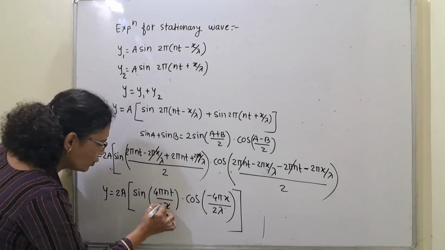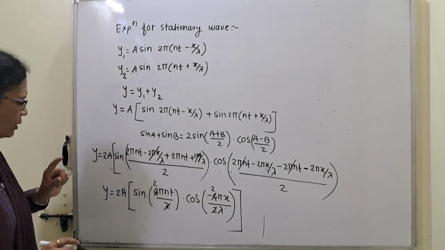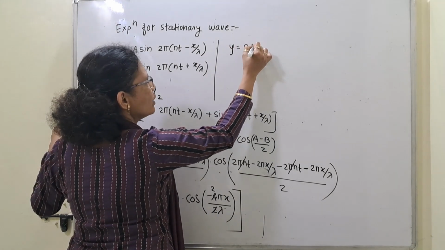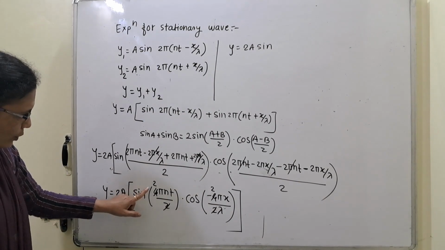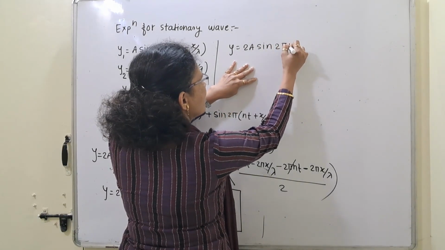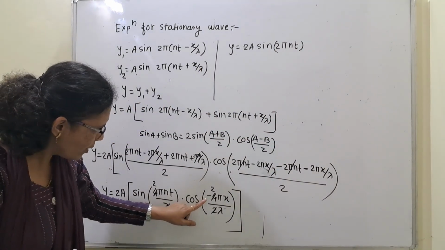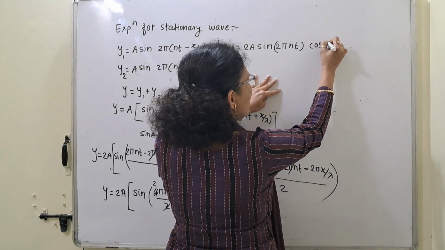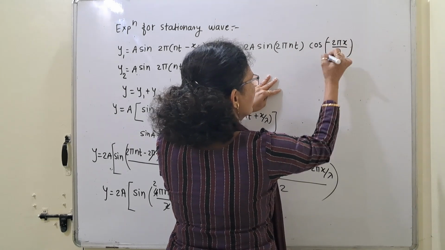Now, 2 2s are 4 here, and here also 2 2s are 4. Then what will be the term remaining? y is equal to 2a sine of 2 pi n t only, and here cos of minus 2 pi x upon lambda.